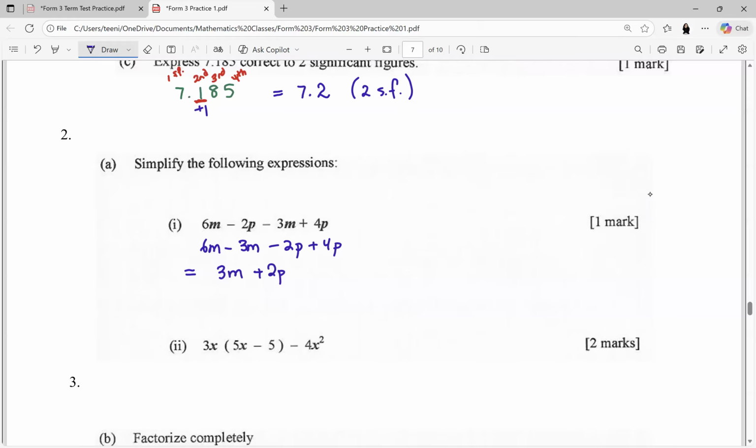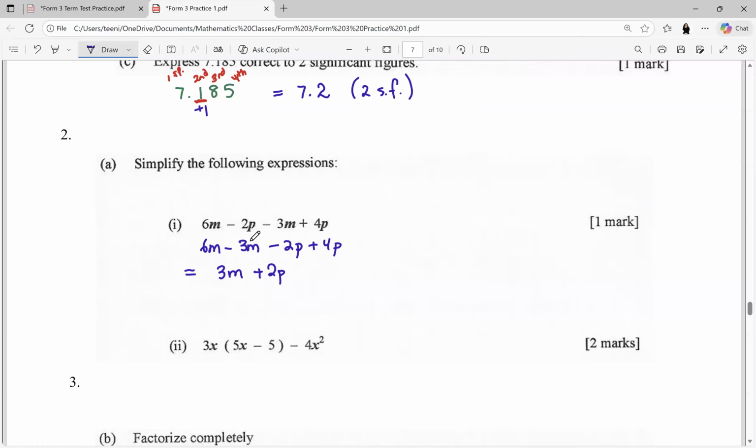One thing you have to be very careful with is when you're rearranging an expression or equation, in this case an expression, make sure that when you're moving the terms, you move with the sign that is in front of the term. So this is minus 3m. If I'm moving 3m to any other part of the expression, it has to be minus 3m.